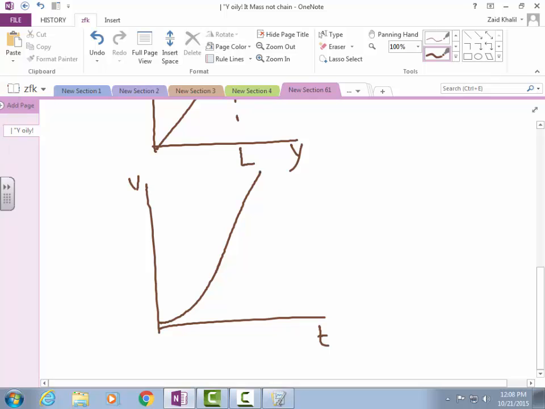In other words, it's exponential up to what point? When y equals L, it's exponential. And then once y is greater than L, it is linear. And what's the slope for the linear portion? That's right, slope equals G for this portion.